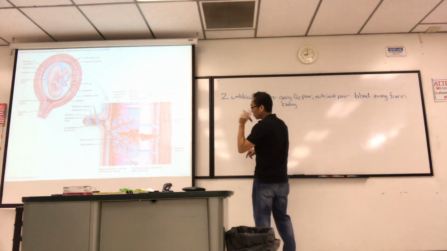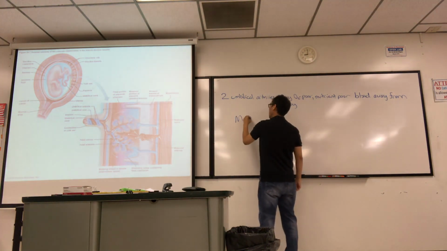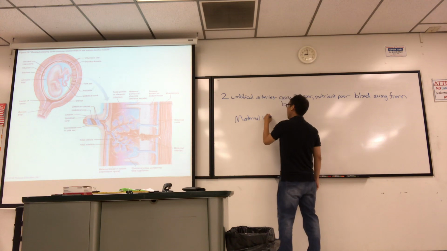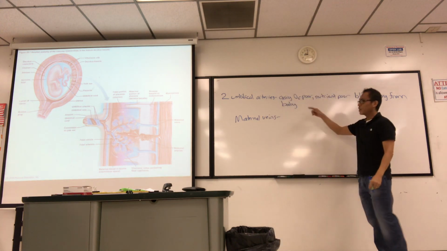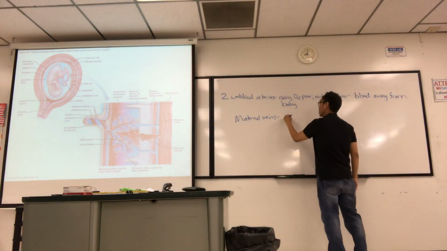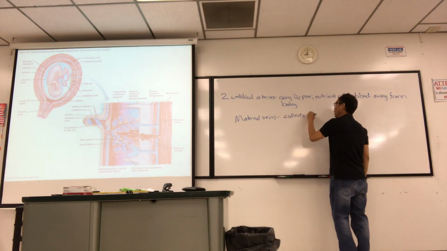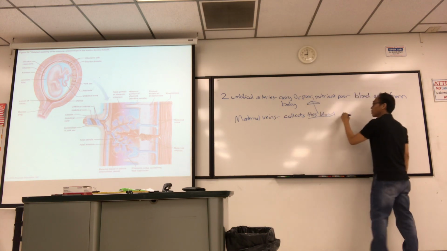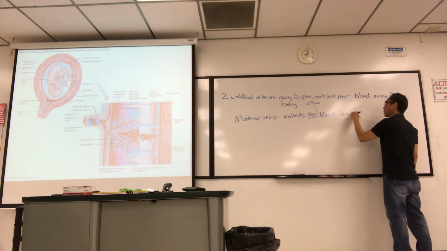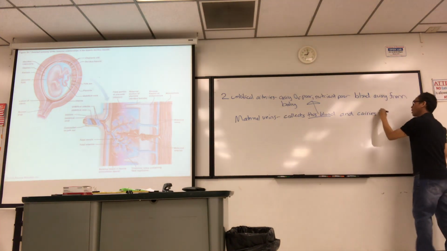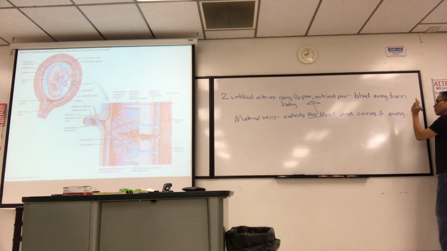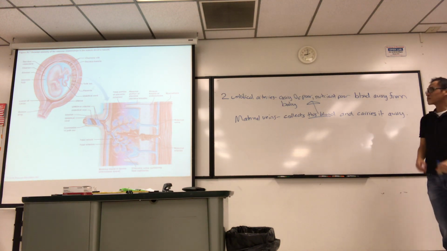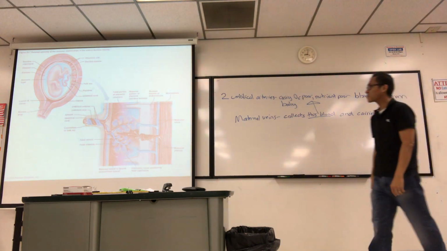So let's note the blue maternal veins collect this blood, carry it away. It's kind of the exchange there. Umbilical arteries take it away, maternal veins collect it up at the lacuna. This is the placenta, and carries it away.